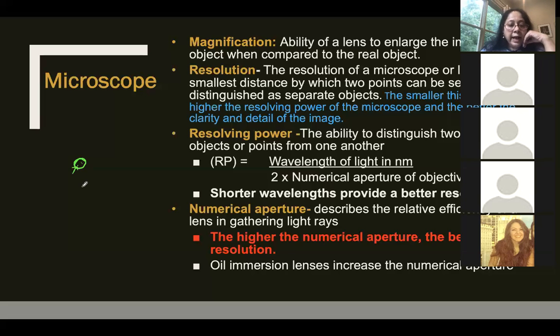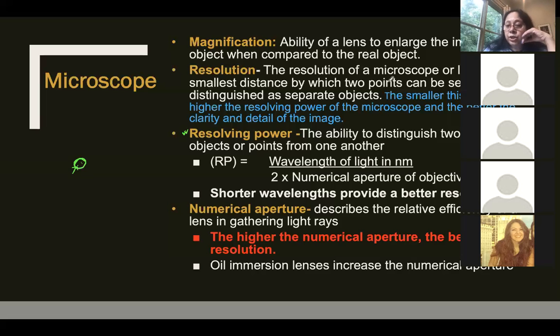Now, one job of the microscope is to separate these two close objects from each other. That's another characteristic of the microscope, and that's called the resolving power.